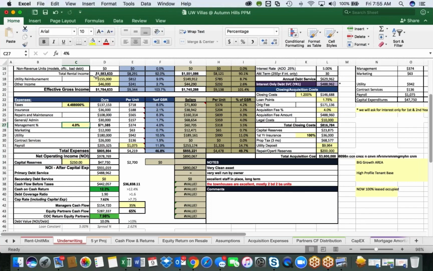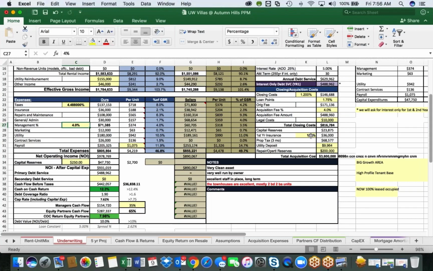Then we can change these yellow ones, which are utility reimbursement and other income. And of course, secondary debt, if you have a second supplemental loan, we can change that in here. And then this percentage, how much we keep for our general partner, or we give to the investors, is automatically done, but the yellow one we can change there.